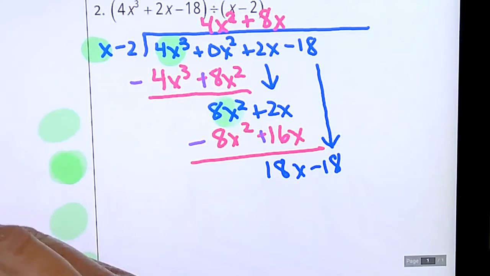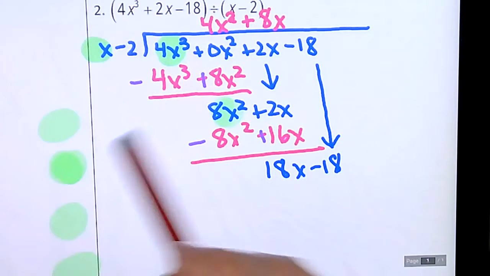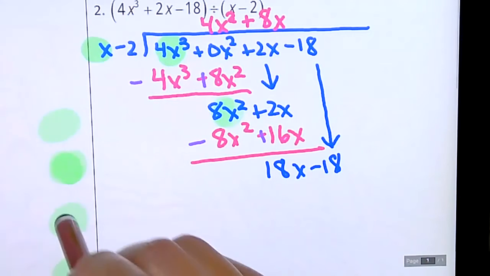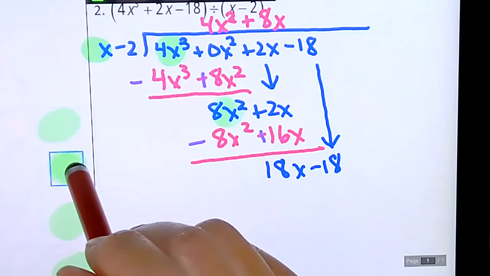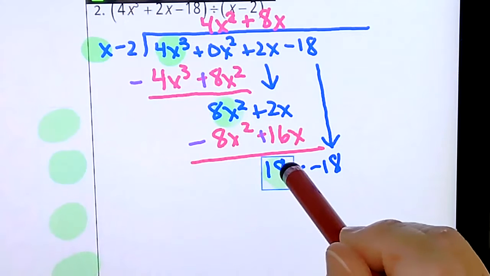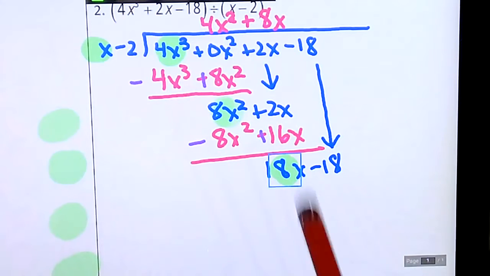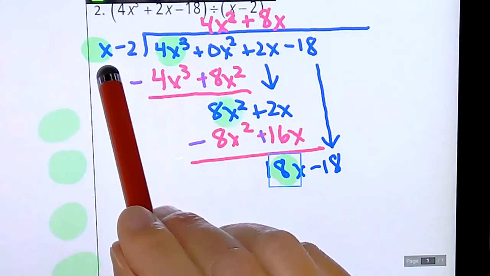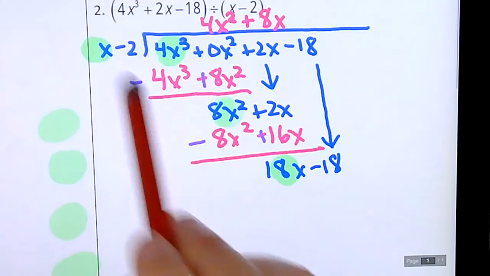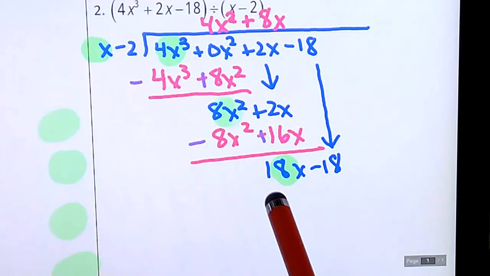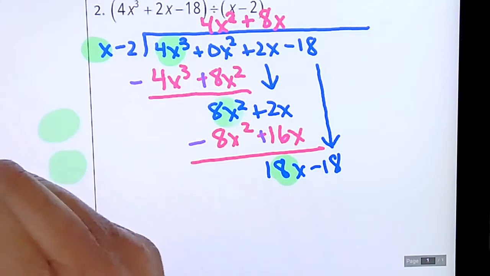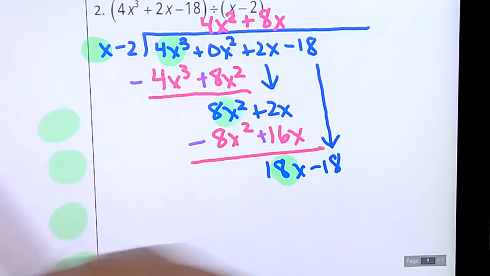So again, I'm focusing on my 18x and my x. So I'm focusing on x times what gets me this 18x, and that is going to be an 18.